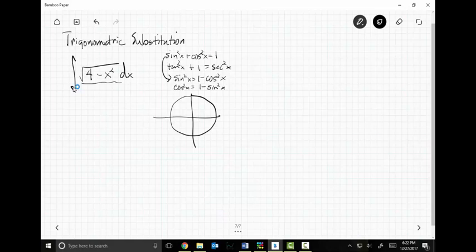Pi r squared is going to be 4 pi, and I divide that by 2, and I get 2 pi. But what if I wanted to integrate from, say, 0.5 to 1.5? Well, now I don't have those geometric constructs anymore, do I? I'm stuck. I don't know how to do that.